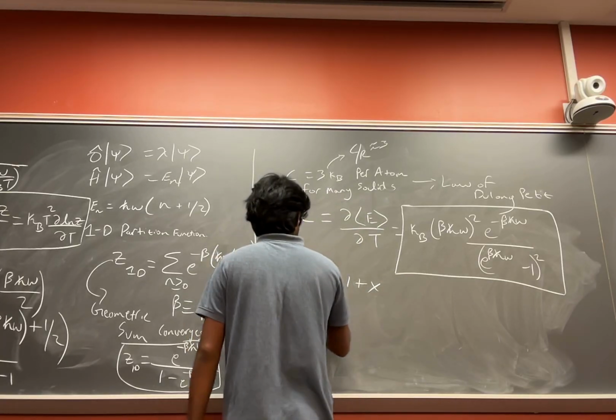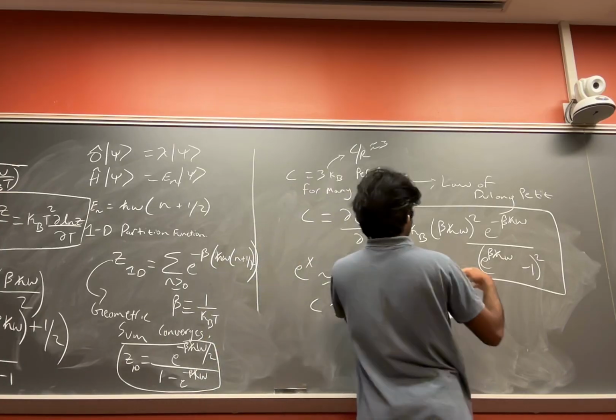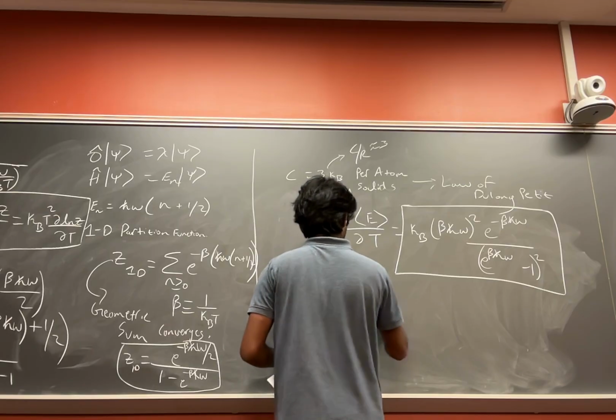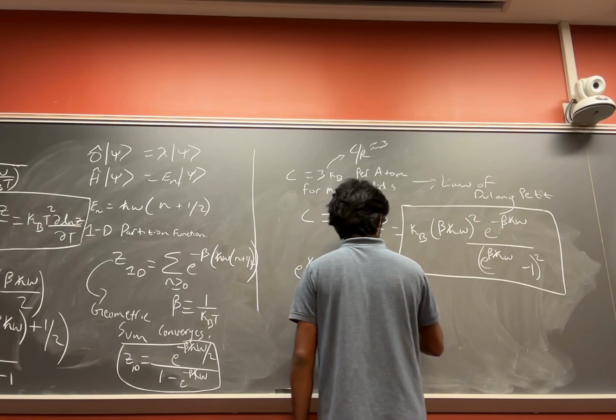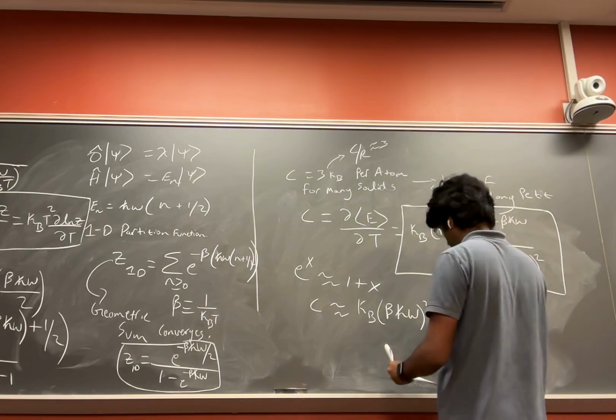C then becomes kB times beta h bar omega squared.